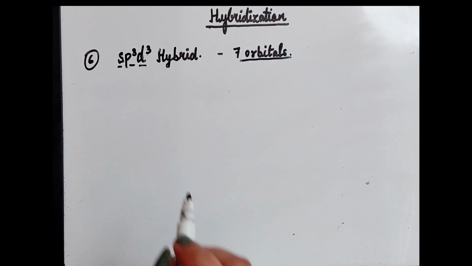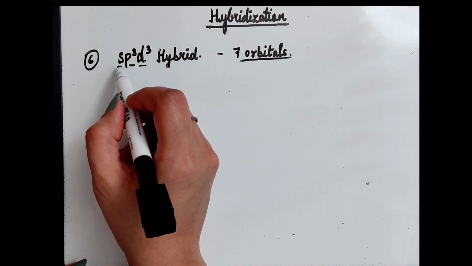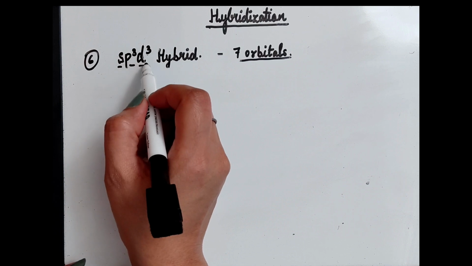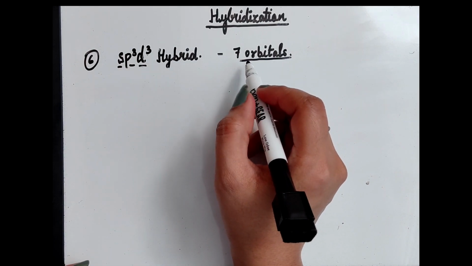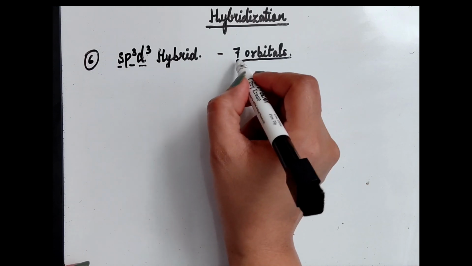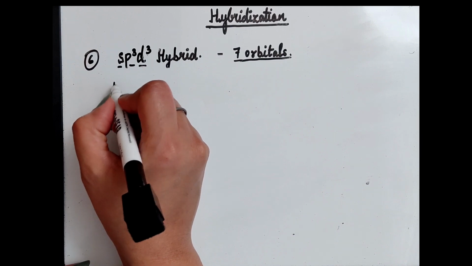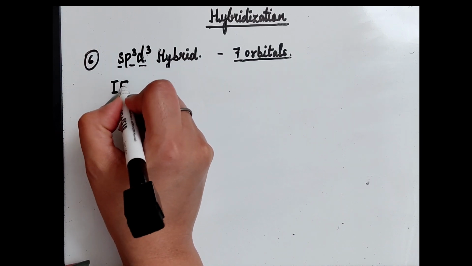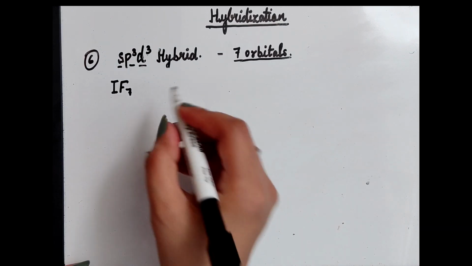Now let's come to sp3d3 hybridization. As we can see, 1 s, 3 p and 3 d orbitals are involved. That means in total 7 atomic orbitals are involved in this hybridization. Let's gain an insight into this through an example, which is IF7. Iodine heptafluoride is an example of sp3d3 hybridization.